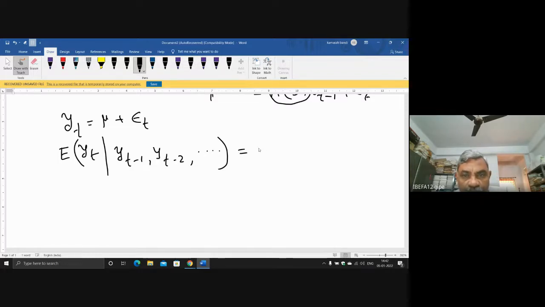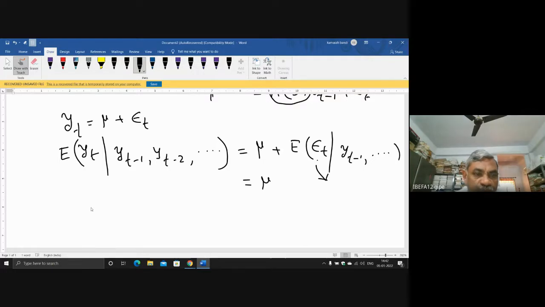This is nothing but the expectation of mu, and since mu is constant, that is mu itself, plus the expectation of epsilon_t, again conditional upon the whole information set. This anyway is 0 because by assumption the innovation in y_t, that is epsilon_t, is assumed to be of mean zero. Then it is mu. So mu is therefore the conditional mean.